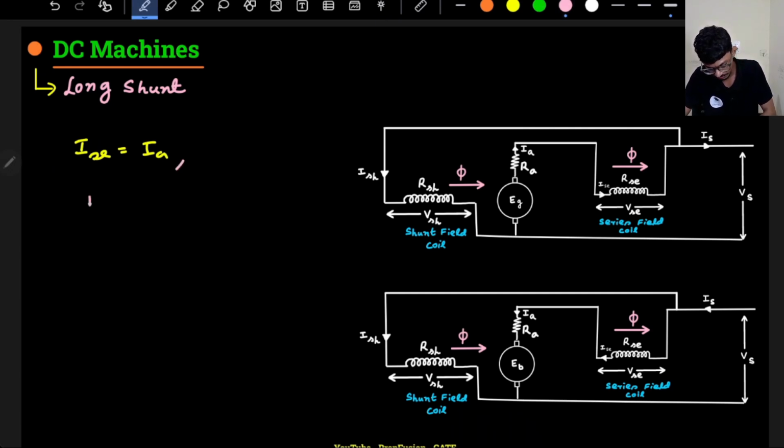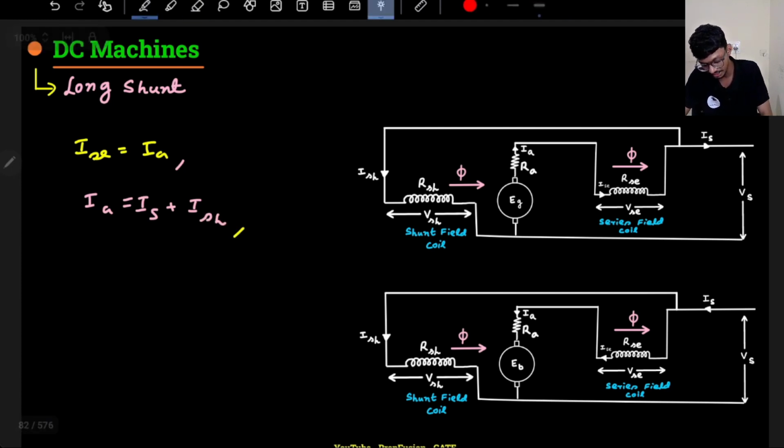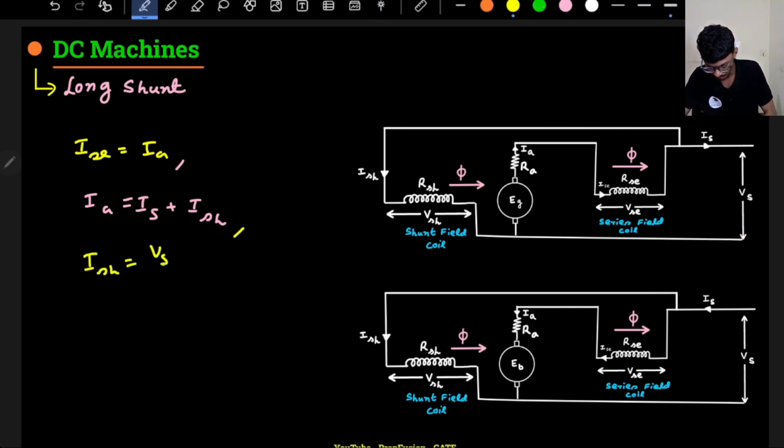Everything else is almost the same, my armature current in the case of a generator will be equal to the sum of the supply current plus the shunt current. And how do I find the shunt current this time? The shunt current is directly connected across the supply now, so ISH will be Vs divided by RSH, right?